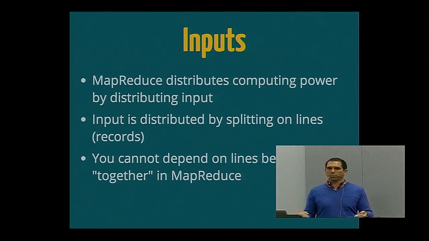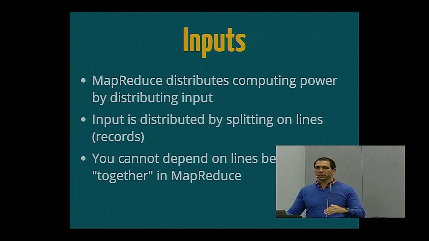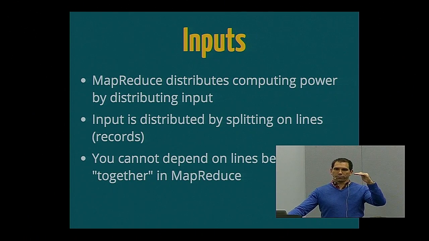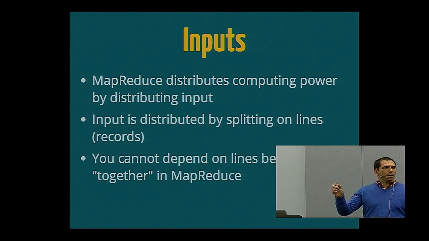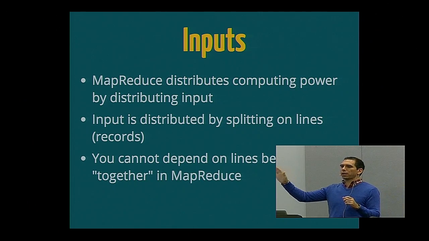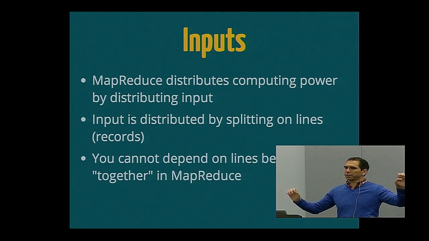And so it's important to keep in mind you can't rely on the linearity of your input file when processing it, right? You can't rely that you'll always process line 1 before line 2, because if we have a file that is split out and another computer is processing line 2, it's going to be processing that completely without context of line 1.